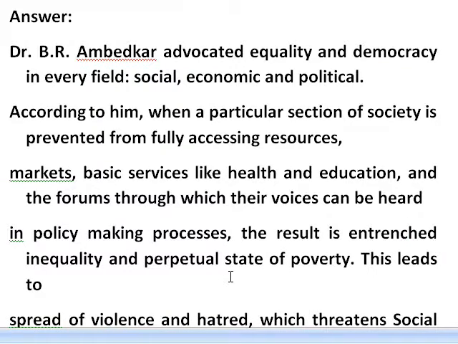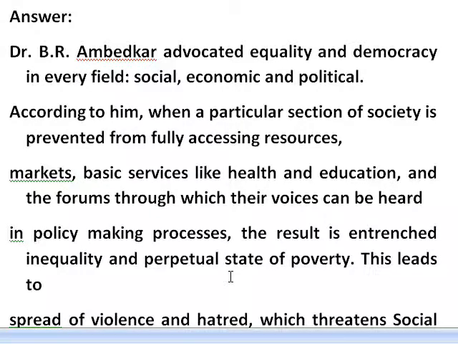Dr. Ambedkar advocated equality and democracy in every field: social, economic, political. According to him, when a particular section of society is prevented from fully accessing resources, markets, basic services like health and education, and the forums through which their voices can be heard in the policy-making process, the result is entrenched inequality and a perpetual state of poverty.